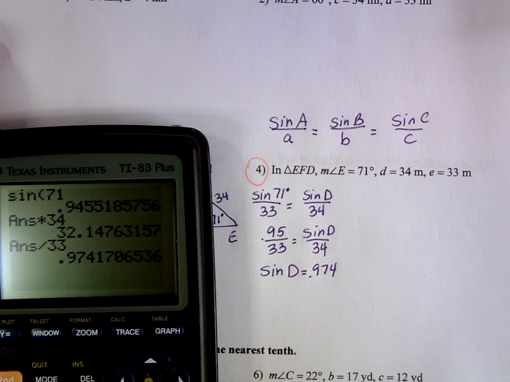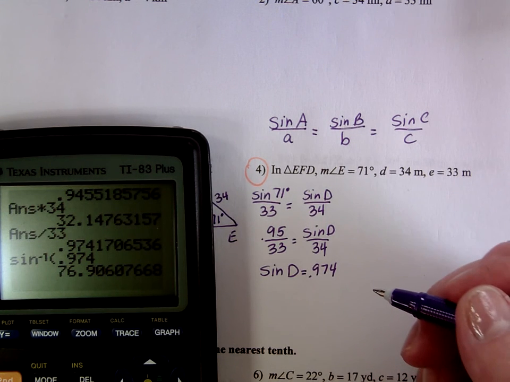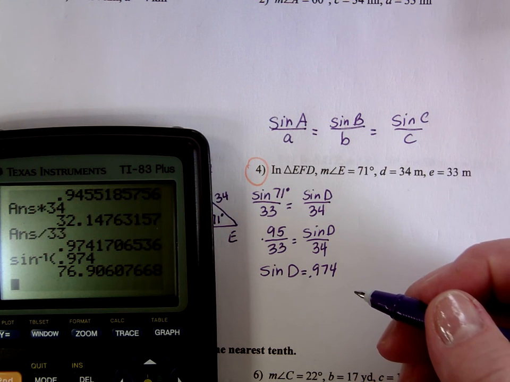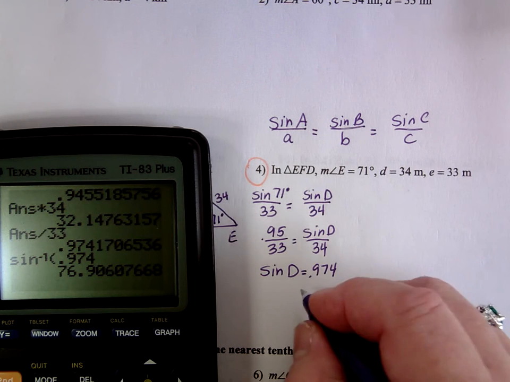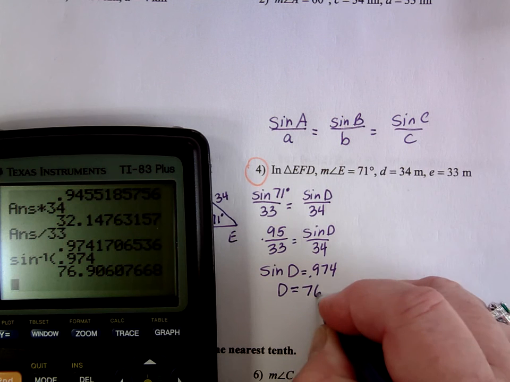And then I want to know what the angle is, what the reference angle is. So I do second sine of 0.974, and I get a reference angle that's 76.9. 76.9 is just fine. So D equals 76.9.